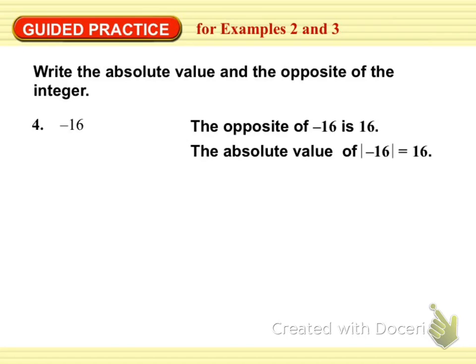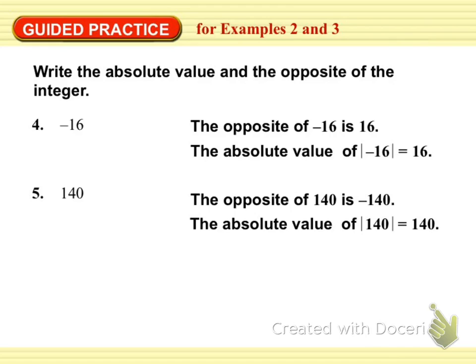If you want to abbreviate opposite and use the letter O, that's fine. Absolute value, put AV, that's fine. For number 5, 140, the opposite of 140 is -140, and the absolute value of 140 is 140, because it is 140 units from 0.